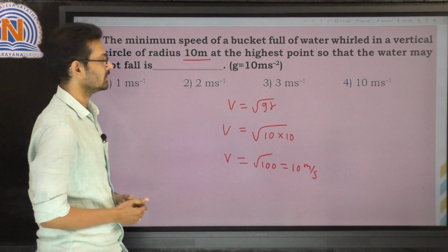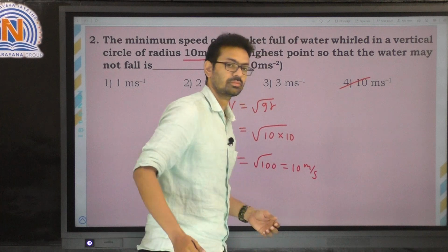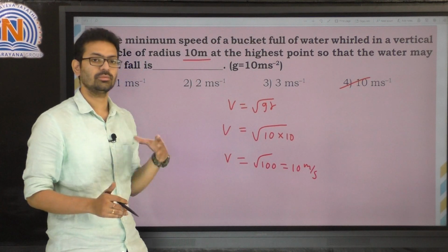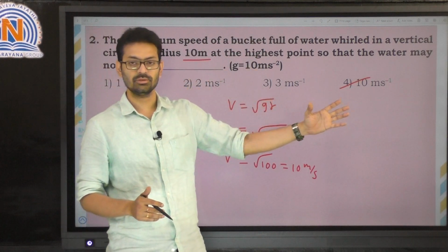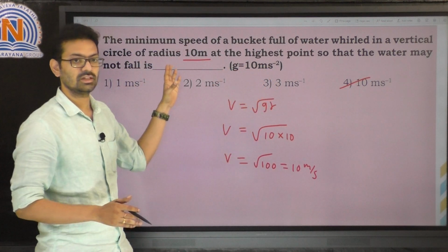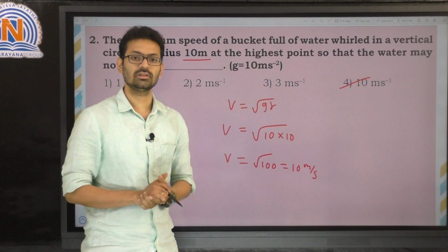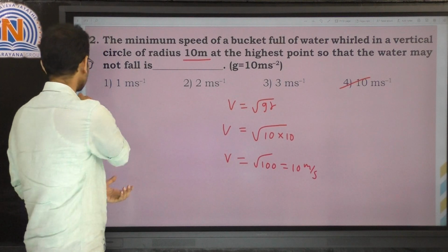So your option is the fourth option, right? The minimum speed of the bucket should be at least 10 meters per second if it is of length 10 meters, right?